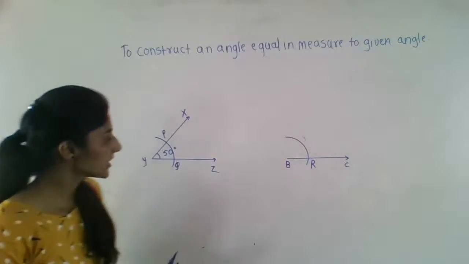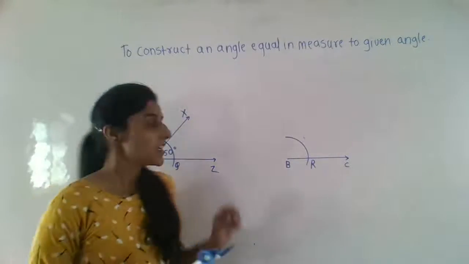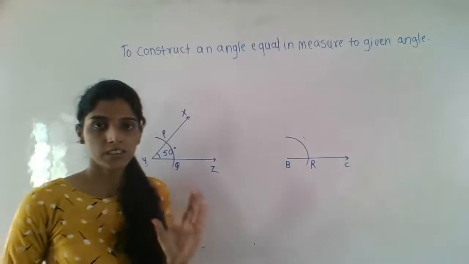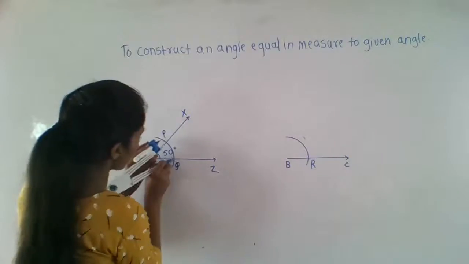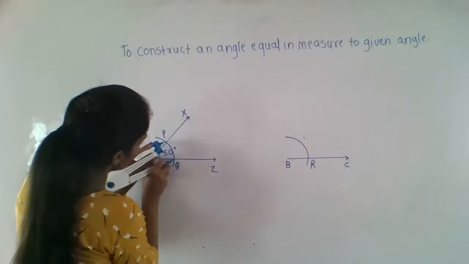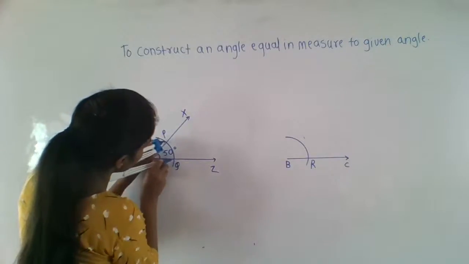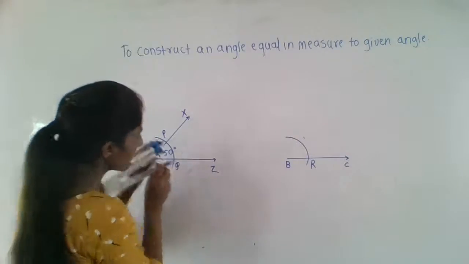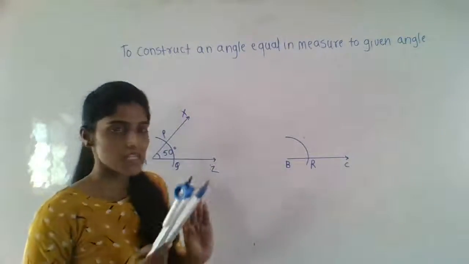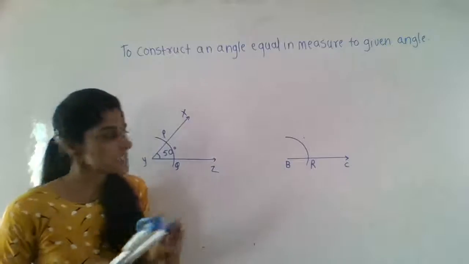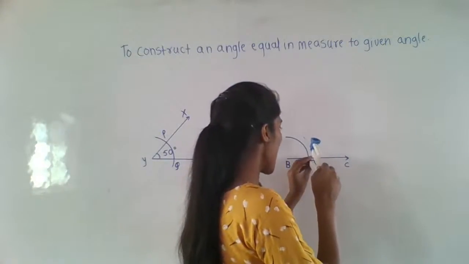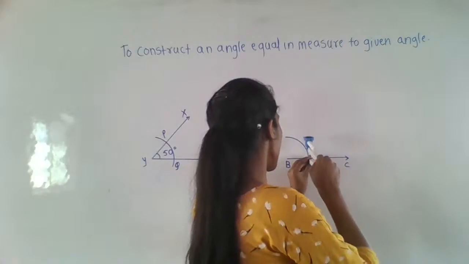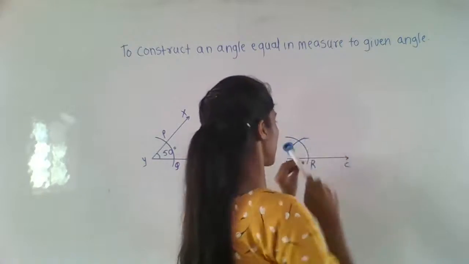Now the next step is to measure the gap. Measure the distance of the arc from point P to Q with your compass. Now with the same distance, don't disturb this distance, place your point of compass on R and draw an arc which cuts the previous arc.